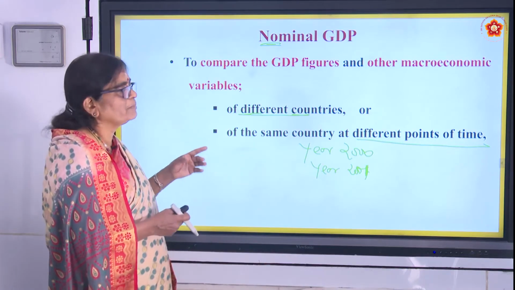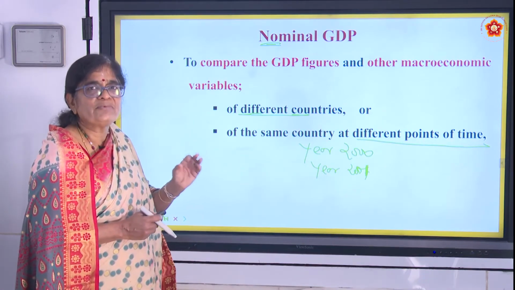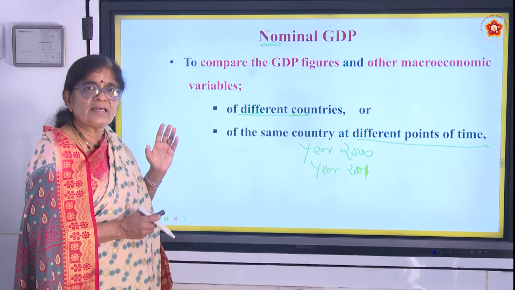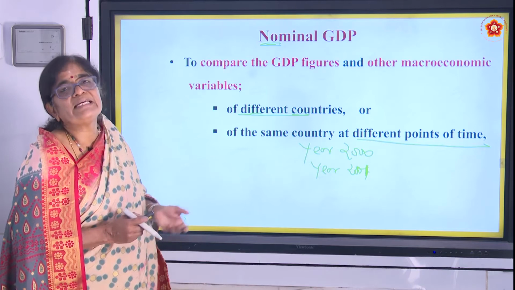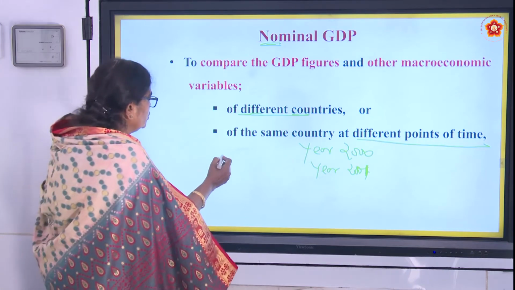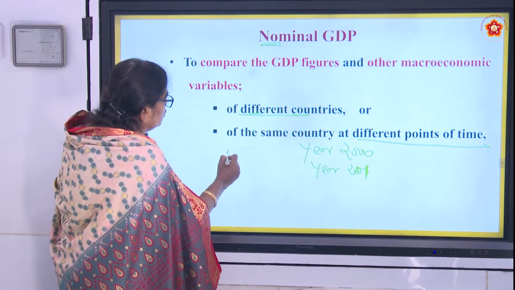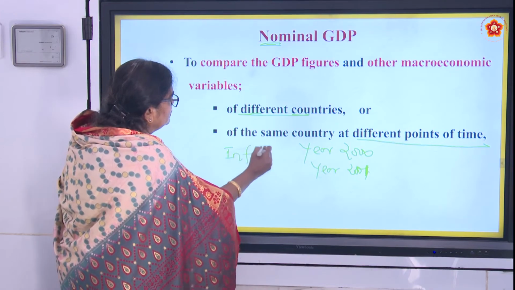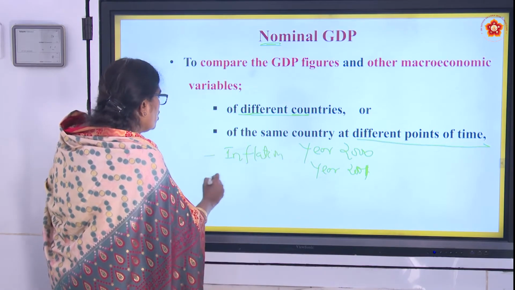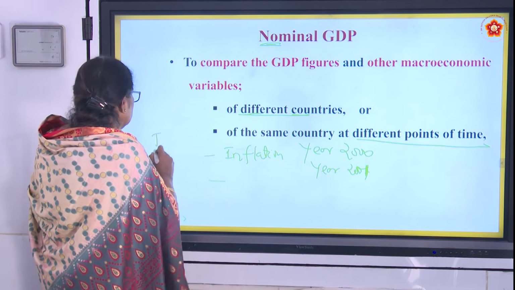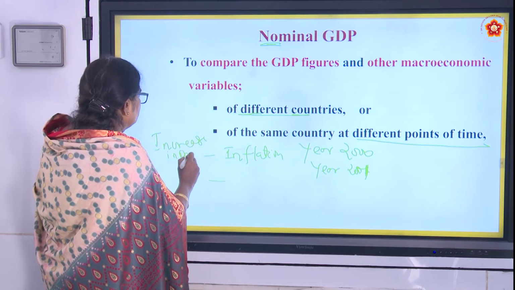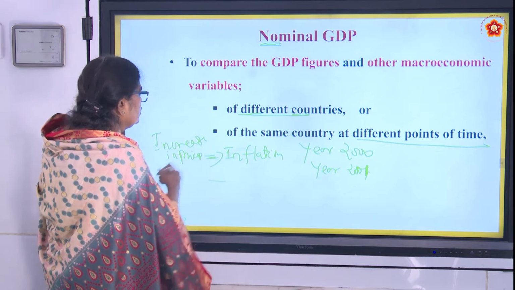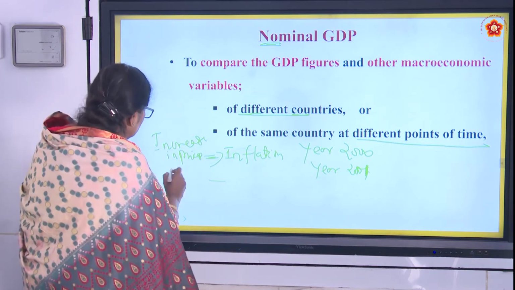We can't rely on that because it won't convey the actual production in an accurate way, because price changes will influence it, and it doesn't have any account to keep inflation under control. Inflation means an increase in price. Increase in prices of commodities is called inflation.